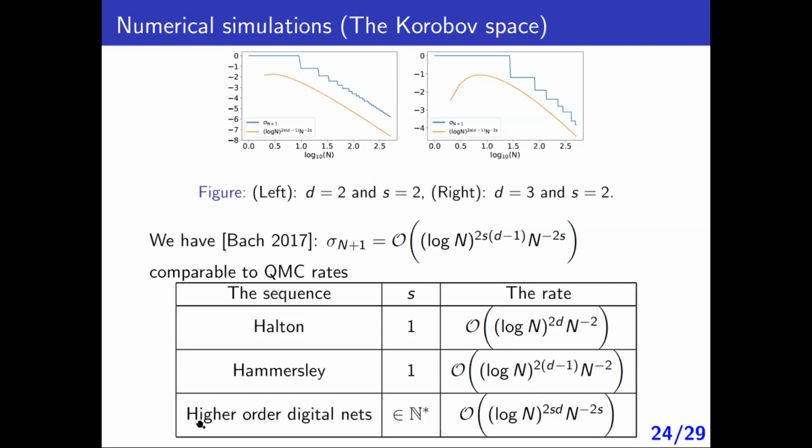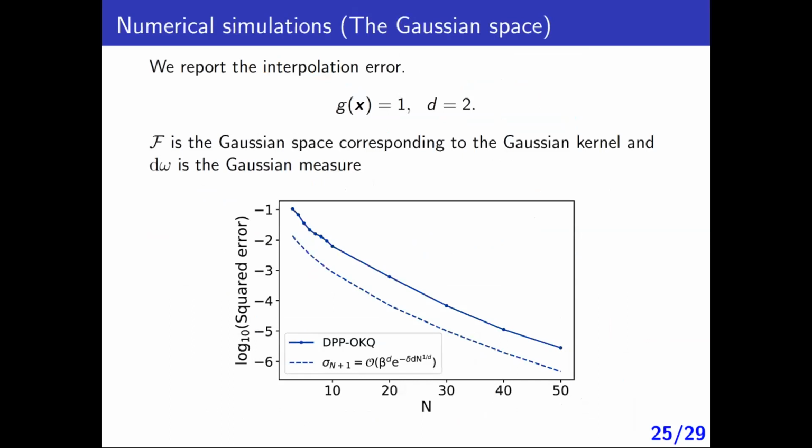And this is also, for example, for high order digital nets, we have almost optimal rates that are n power minus 2s. So we can see that this eigenvalue of the integration operator corresponds in this specific case to quasi-Monte Carlo rates, if you like.